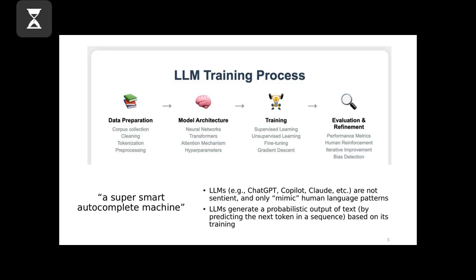This process is repeated billions of times with different pieces of text, and this repetition allows the model to learn the patterns in language use, understand the context in which certain words are used, and generate coherent text. So, in other words, based on this explanation, you can assume that AI generates a probabilistic output of text based on its training. So, what does this mean?